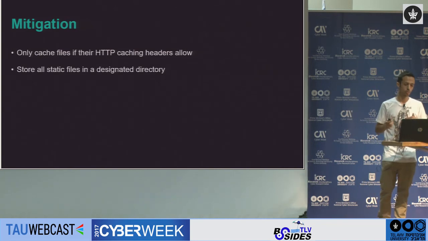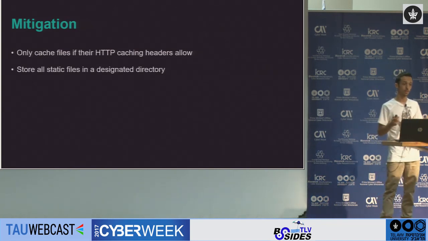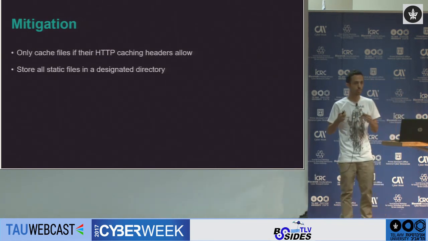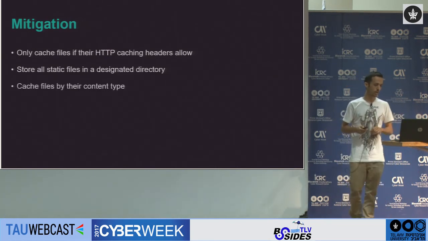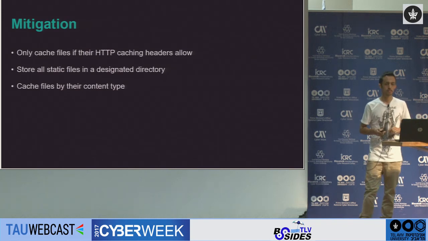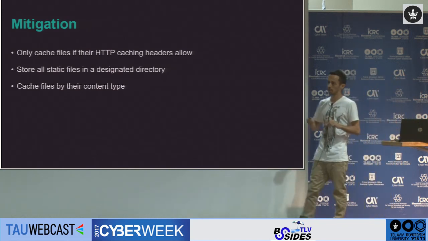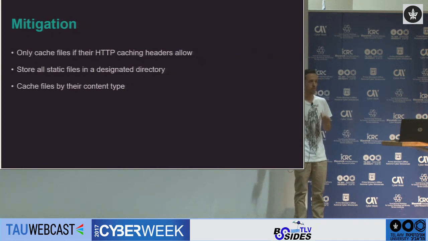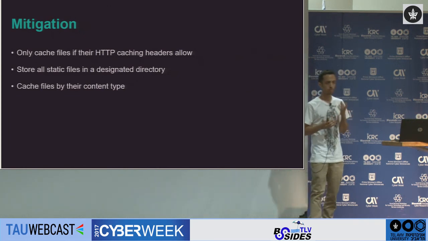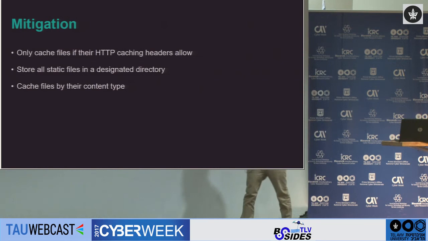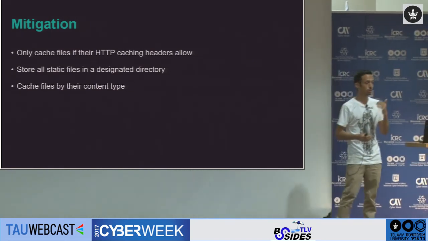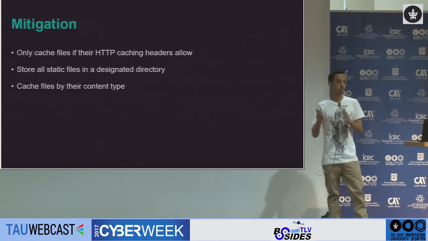Another option is to store all static files in a designated directory. That will prevent attackers from making dynamic content get cached. You can also cache files by their content type and not by the end of the URL. Here you depend on the technology of the caching mechanism that you are using, because some caching mechanisms, as you just saw, decide what type of file they received according to the end of the URL.